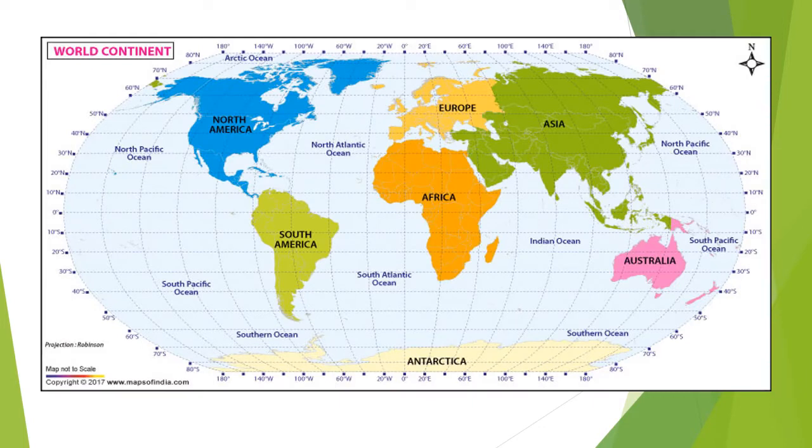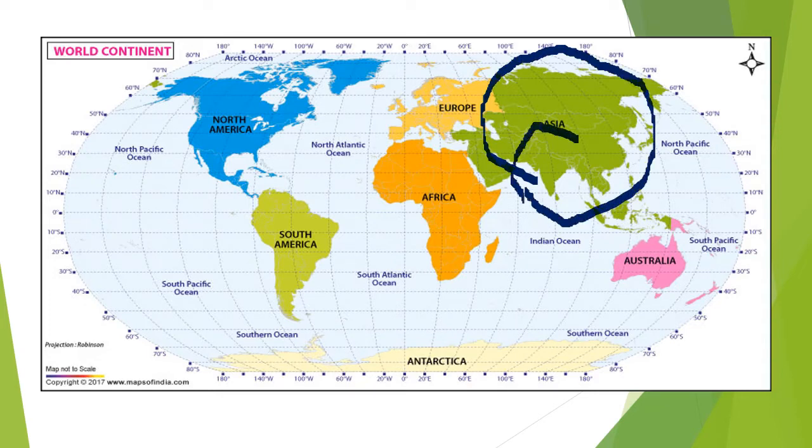As we can see the world continent map on our screen, we will first understand the position of India in the continent of Asia. This is the complete continent of Asia, and if we actually see, India lies in the southern part of Asia, that is why India is called a South Asian country.